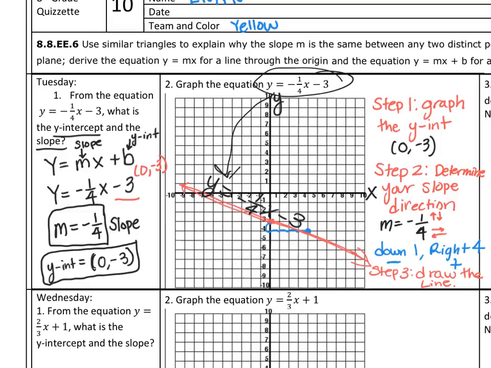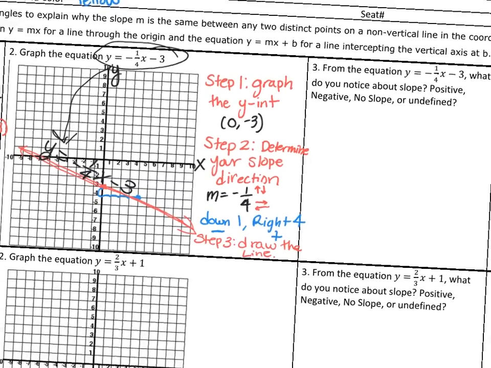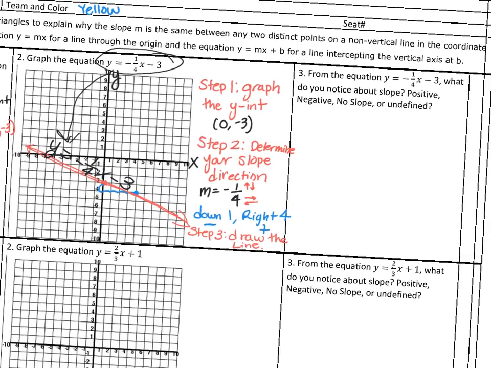All right, moving on. Now let's determine what number 3 is asking. From the equation y equals negative 1/4 x minus 3, what do you notice about the slope? Is it positive, negative, no slope, or undefined? If we just look at our slope, we have m equals negative 1/4.